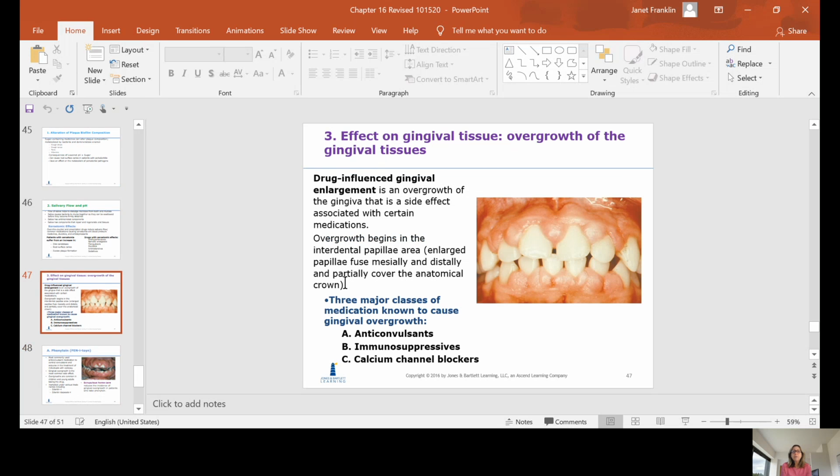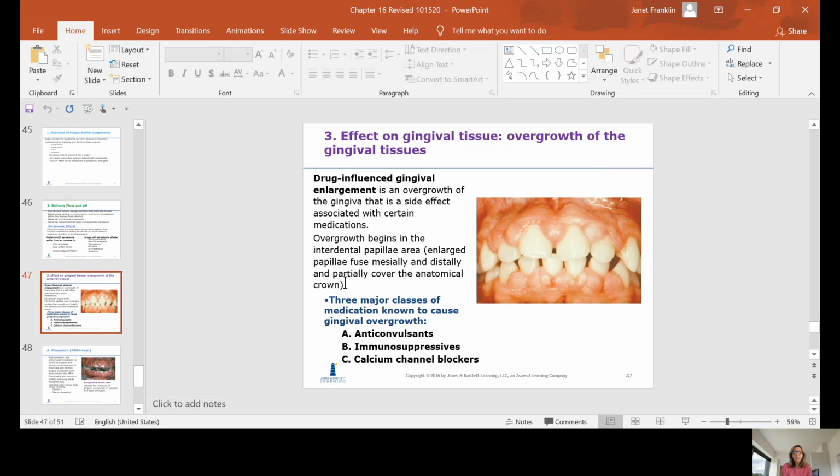And the effect on gingival tissue, or overgrowth of the gingival tissues. We talked a little bit about this in earlier chapters. Drug-induced gingival enlargement is an overgrowth of the gingiva that is a side effect associated with certain medications. Three major classes of medications known to cause gingival overgrowth are anticonvulsants, immunosuppressives, and calcium channel blockers.